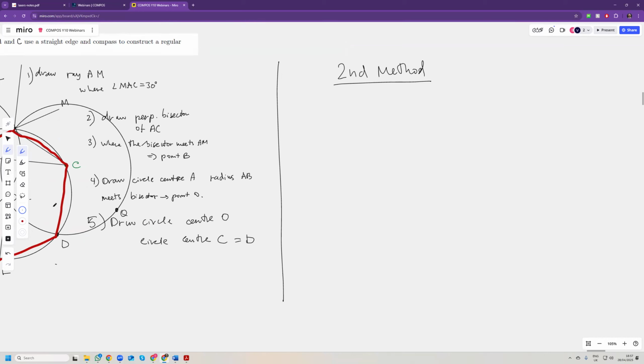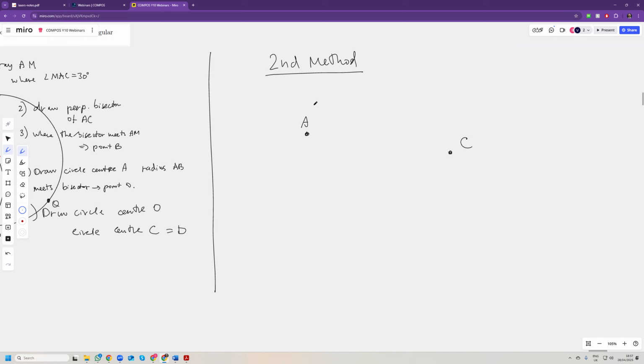So you have A and C. If you think about it, if you have a hexagon, this is A, this is C, this point is E. ACE is an equilateral triangle.